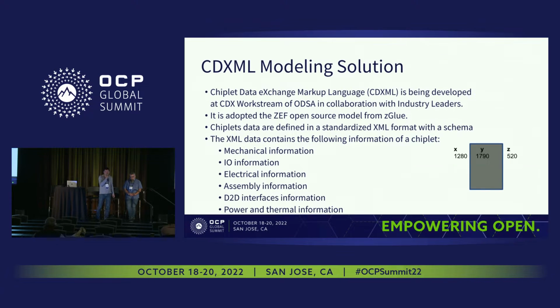All of these will be described in the schema, and the data are presented in well-formed XML format, so that we have the data required to solve the challenges that we are facing in chiplet-based system design that we described earlier.